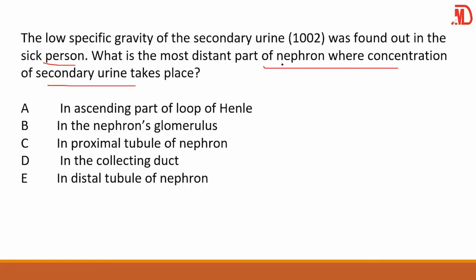Now, in the proximal convoluted tubule, that is where the first part begins, where the primary urine forms. Good. So the answer is D, the collecting duct.